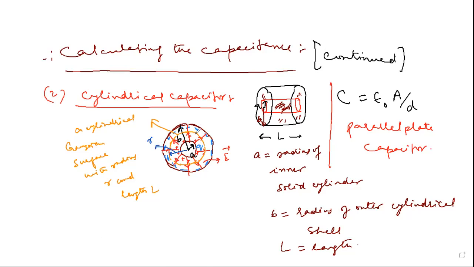Now I show the path of integration. With which color? I think this one. This is my path of integration, right?